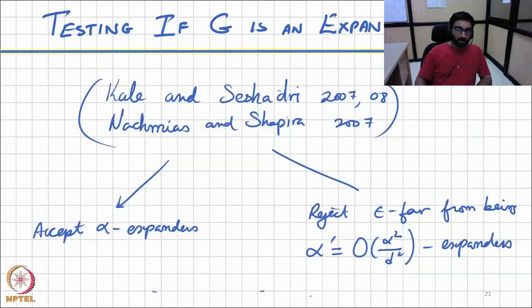And then soon thereafter, there have been some improvements, but again, nevertheless of the same general form. So the improvements were by Kale and Seshadhri, and then Nachmias and Shapira, and they were able to show that the same algorithm can accept alpha expanders, and also with some constant probability reject graphs that are epsilon far from being alpha prime expanders, where here they've improved the alpha prime to be O of alpha squared divided by d squared.